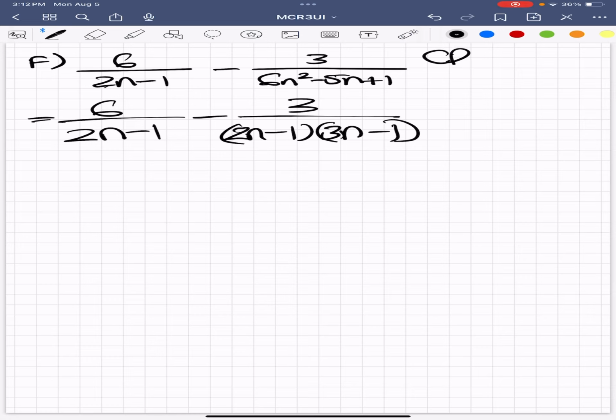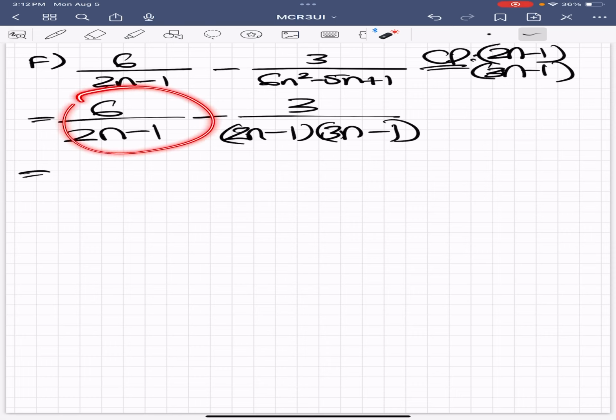And then we have our common denominator, which would be 2n - 1 and 3n - 1. So we're going to multiply this piece by (3n - 1) over (3n - 1).